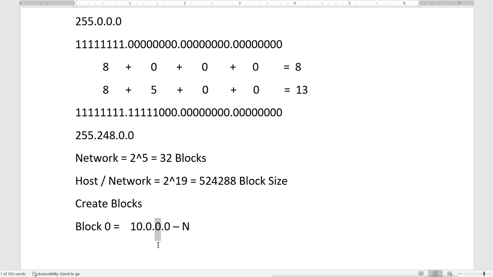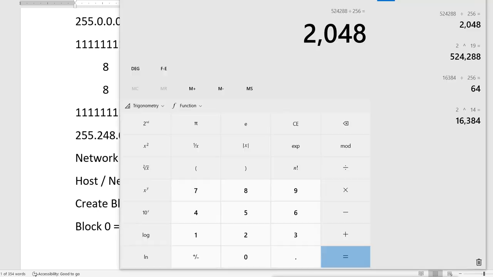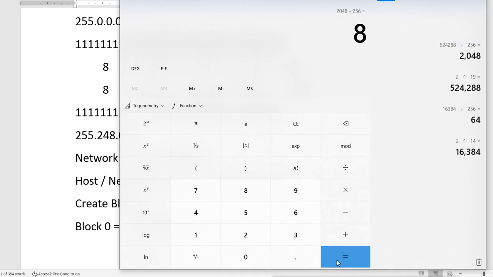I cannot go from 0 to 2048. So I have to divide that again. I come to the calculator again: how many 256 blocks can I get in this? I divide, and it says 8.